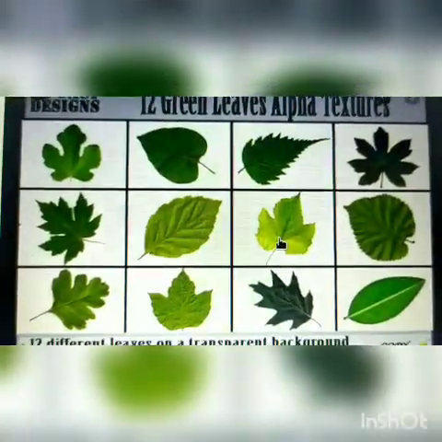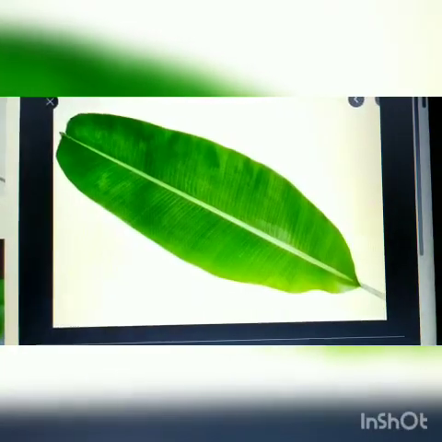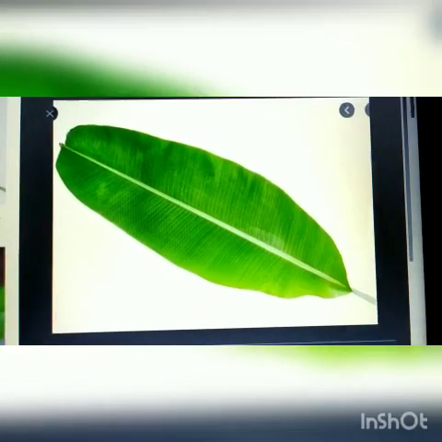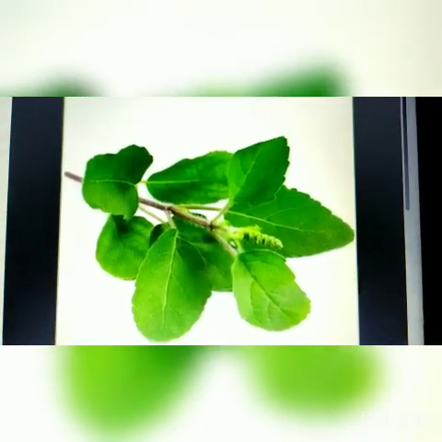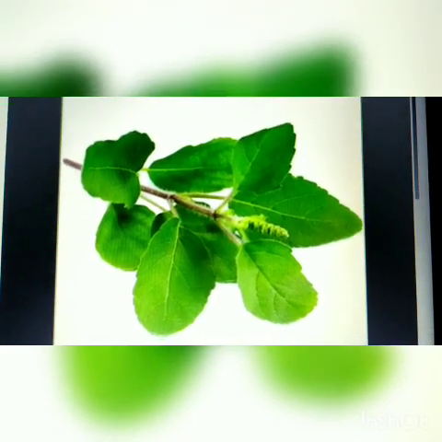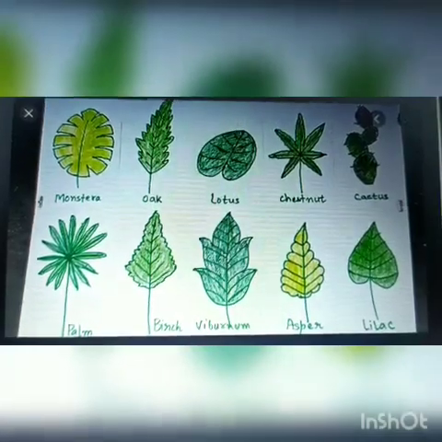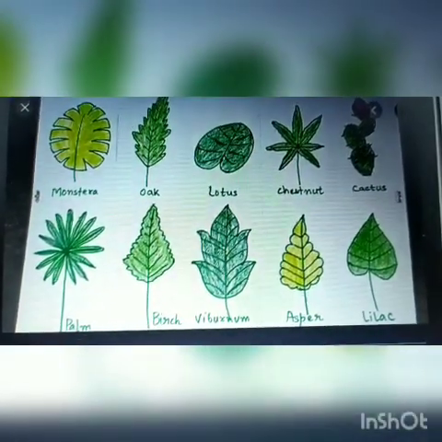Okay. For example, banana plants have big leaves, while this tulsi plants have small leaves. And you can see different shapes in this image.